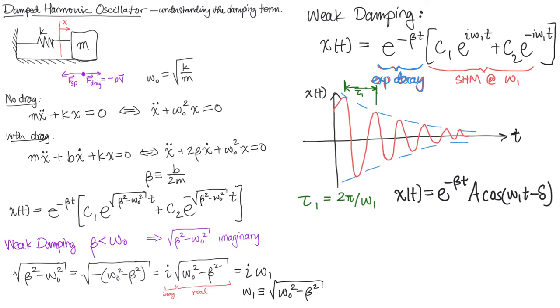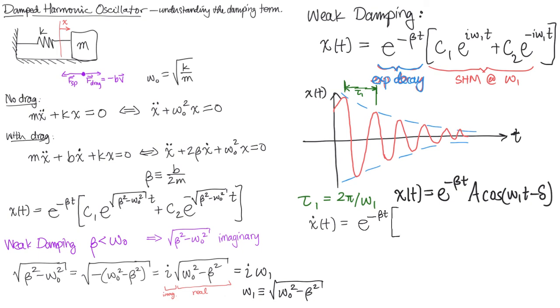And for that, we want to take a derivative of this function with respect to time and set it equal to 0. So we want to look at x dot of t, which is going to have two pieces. It's going to have a derivative of the exponential times the cosine plus the exponential times the derivative of the cosine. And in both of those cases, you're going to get the exponential, okay?